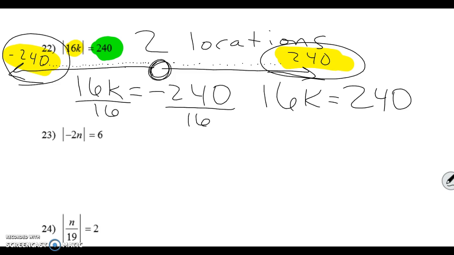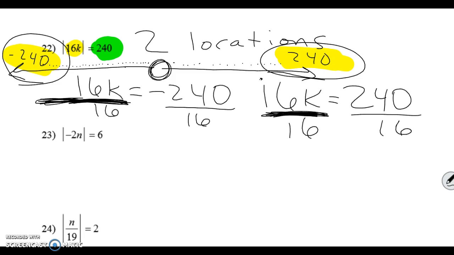Here's the fun thing. If we take a look at this equation over here, it's the exact same thing: 16K, 16K. So if I divide by 16 over here, what am I going to do over here? Divide by 16, on both sides.